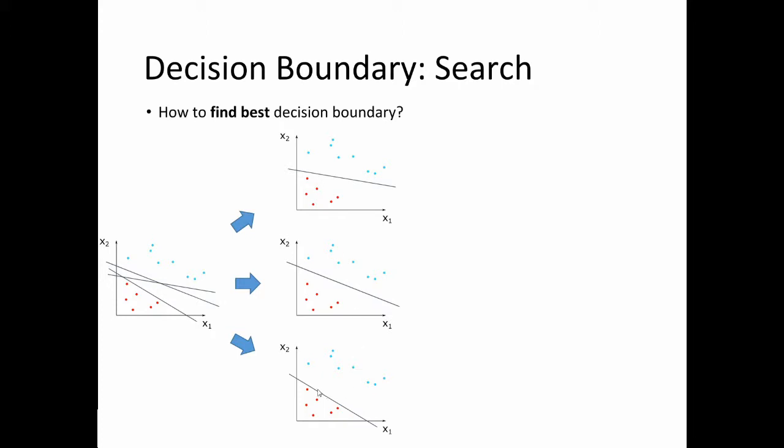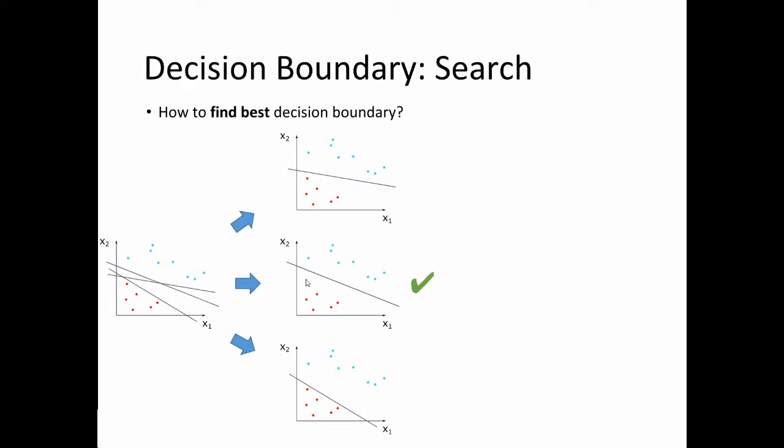The same thing happens here. If the new sample is near the red samples, for example here or here, they would be classified as blue, but we would intuitively think they should probably be red. And hence the second one seems to be the best. Now, what is the problem? What went wrong here?